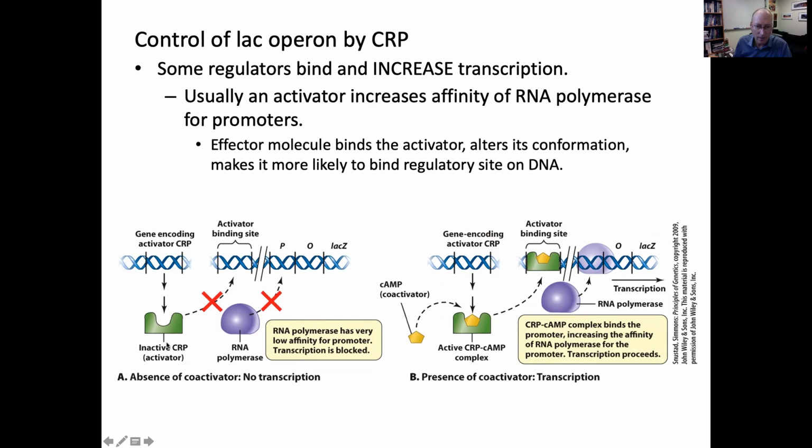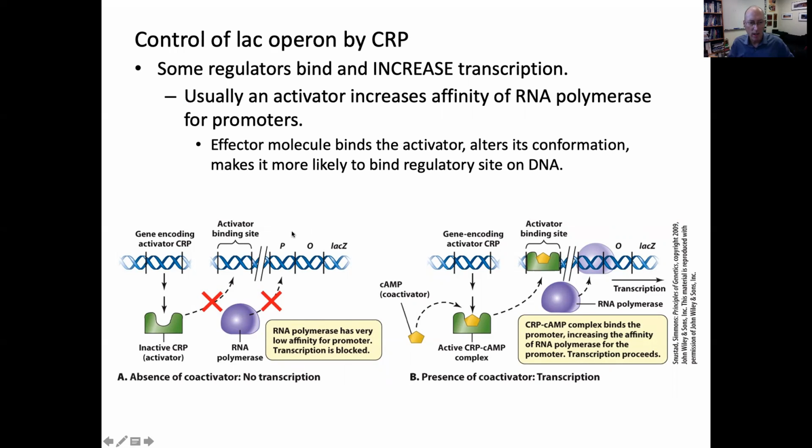And the point is that this protein needs another small molecule to bind, in this case, in order for it to bind to the activator site. So unlike the LacI repressor, CRP, when it is not bound, does not have affinity for DNA. Only when it is bound by its inducer, co-activator here, does it have affinity for the DNA. So that's just the opposite of the LacI repressor.